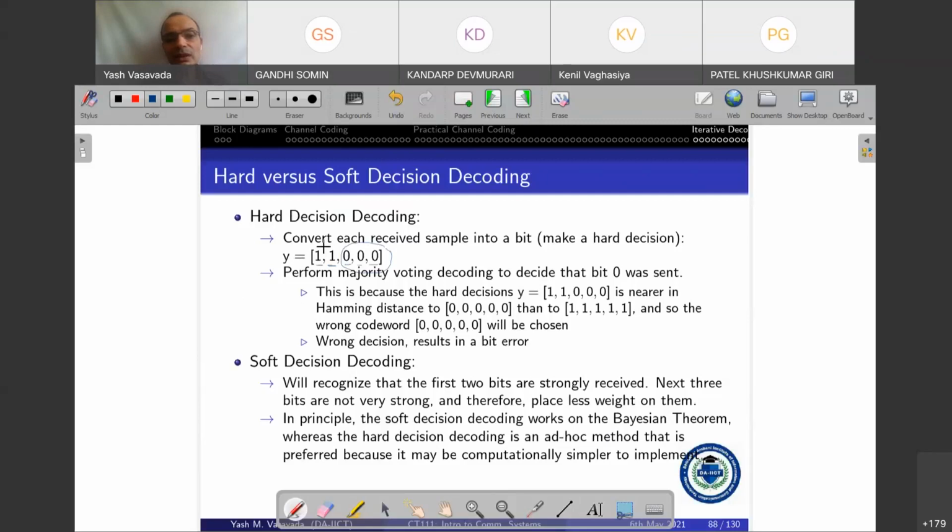Whereas for the first two, I'm very sure that they are both 1. And so if you simply ignore these last three values and decide only based on the first two because they are strong, then you will end up making the right decision.